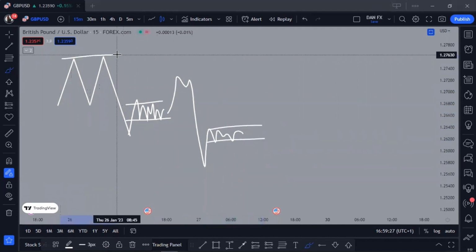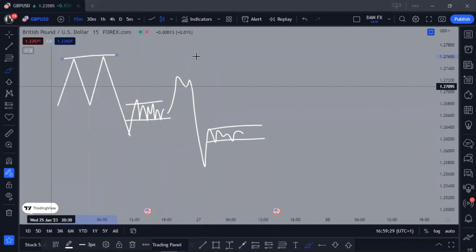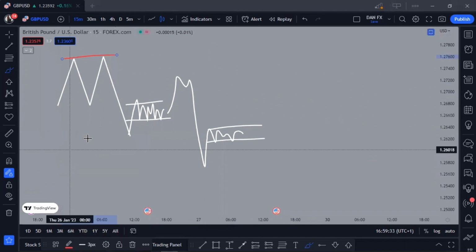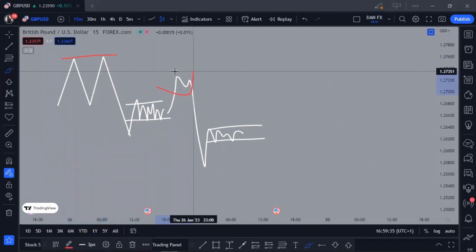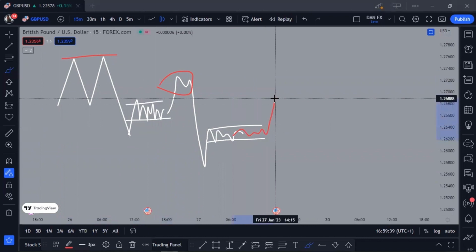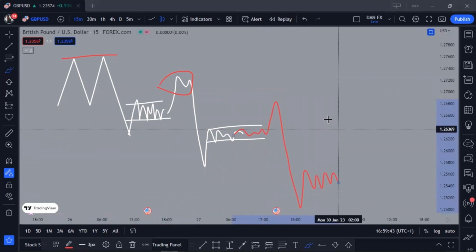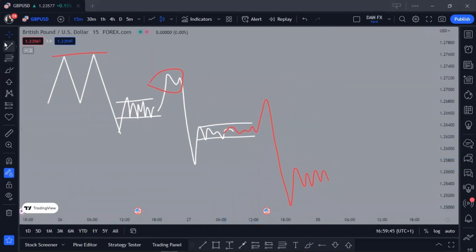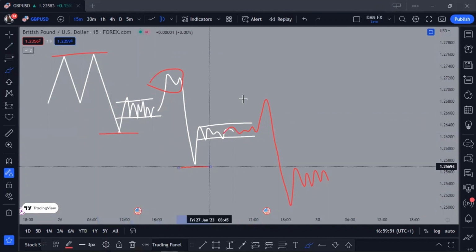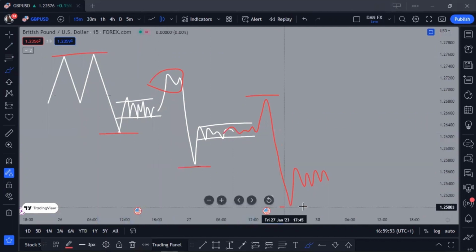So now this is your high, and let me change the color of this, and this is your lower high, right? And then they'll do the same thing like this.